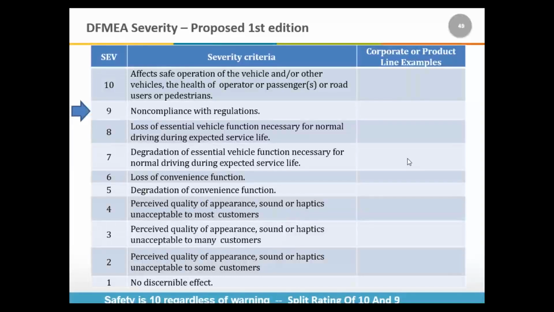The 4, 3, and 2 do not have any percentages, whereas the 4th edition did have percentages to define what is most, many, and some effect. 1 is, as before, no discernible effect. So the key thing in here is the split off of regulations from safety.